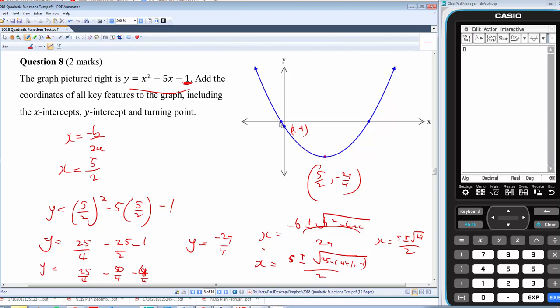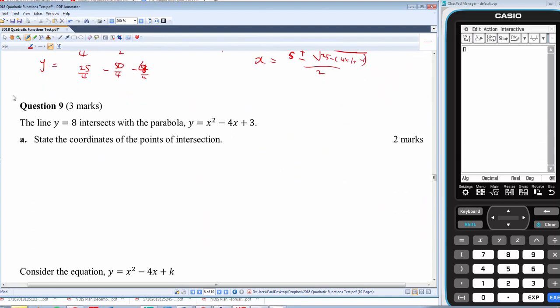So this one here is going to be 5 minus root 29 all over 2, comma 0, so that's the x value, and this one here is going to be 5 plus root 29 on 2, comma 0. Now that question was done pretty well.